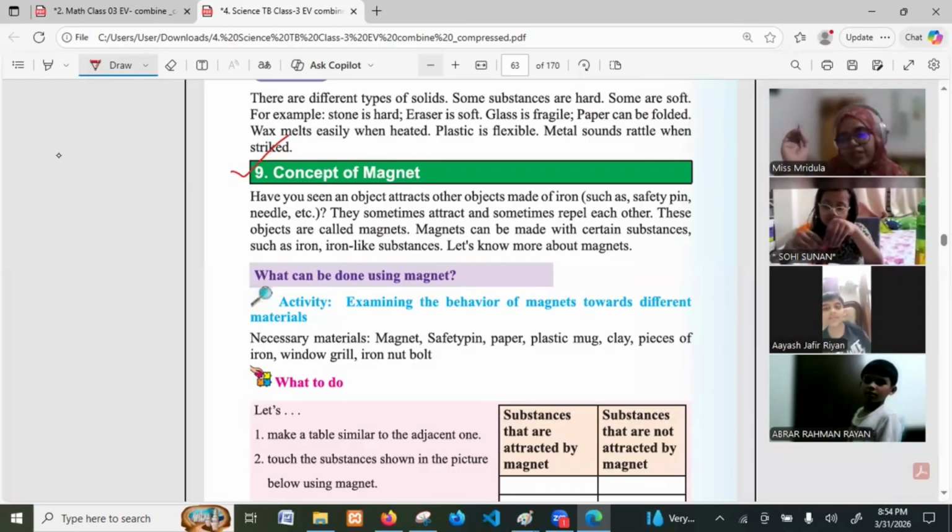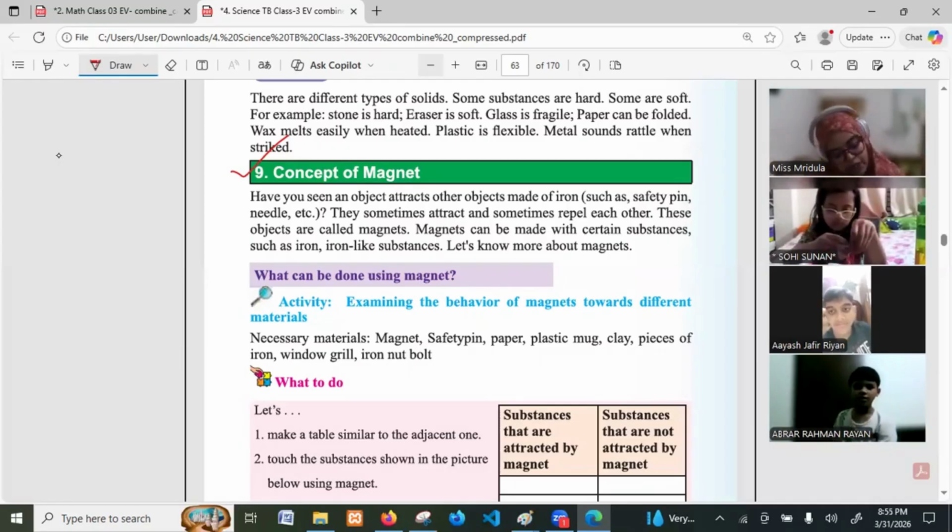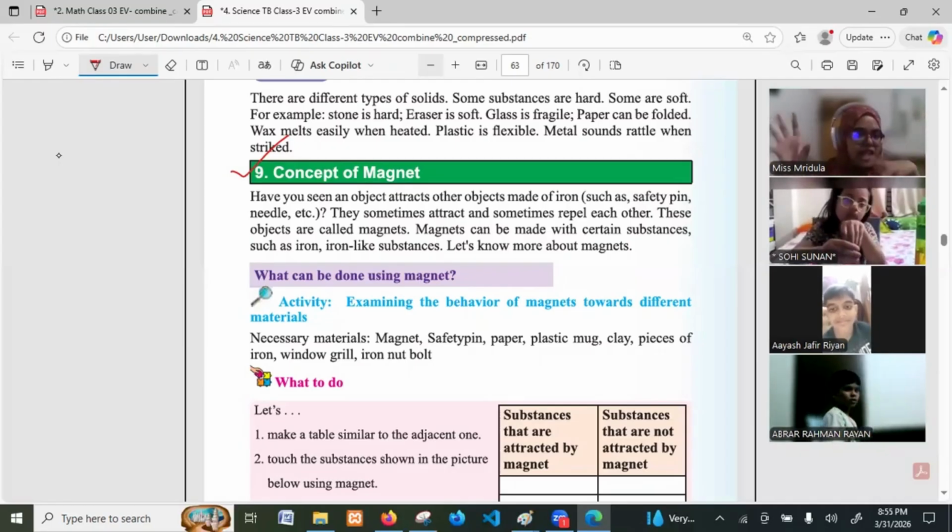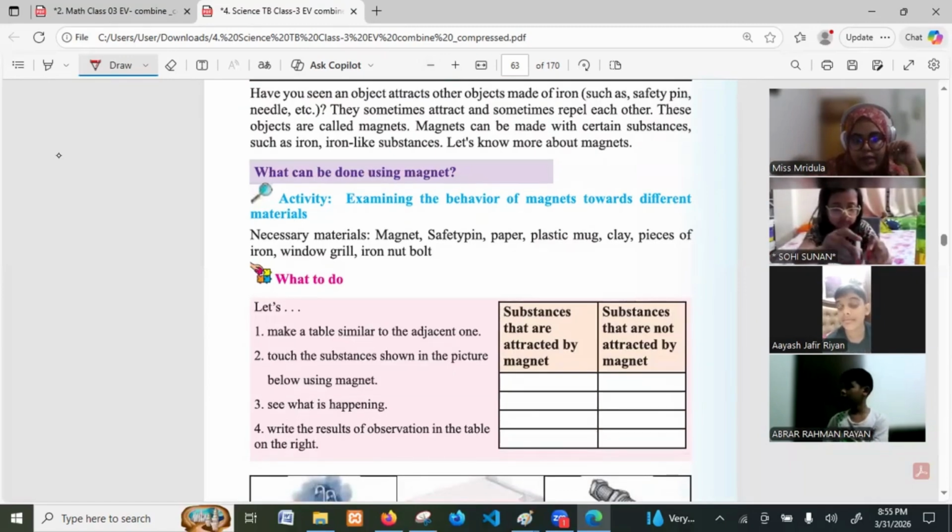They are just natural. But as I want it to be made into a man-made thing, scientists have done a lot of experiments and come to the conclusion that we can turn some irons into magnets as well if we want. Okay, so let's see what they have to tell about magnets.